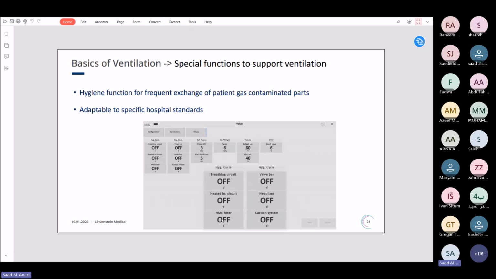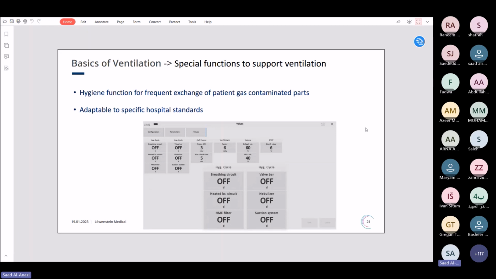For example, for the HME, 1 day, you select 1 day here. For the breathing circuit, every 7 days, or as needed, or after 1 month. If you adapt all the guidelines or protocols that you apply in your hospital here in our ventilator, then it will give you a continuous alarm: please RT, please nurse, please doctors, change my HME, change my breathing circuit, it is due.